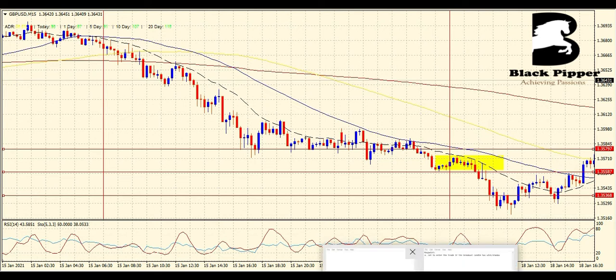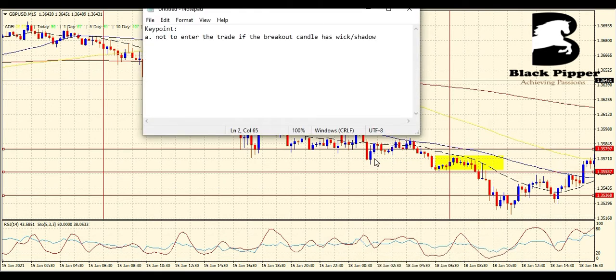The second key point is to ignore the breakout candle if it has a very small size.